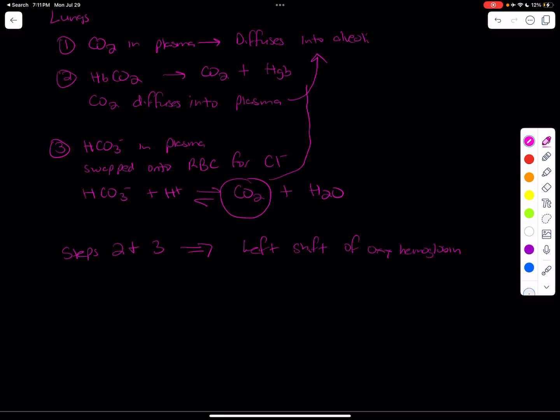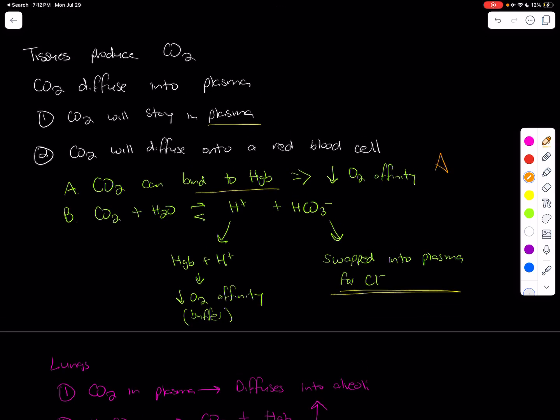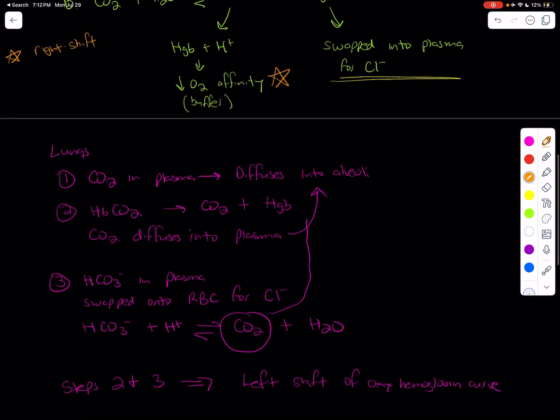Whereas up here, and I'm just going to star them in orange, this one and this one, this means in the tissues, we actually have a right shift. But that's actually a really good thing, because in our tissues, we want to get rid of oxygen. We want to get that into the tissues. Whereas in our lungs, we want to pick up oxygen. So the left shift in the lungs is really good because it makes it easier for oxygen to bind.